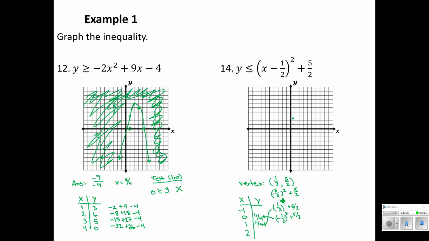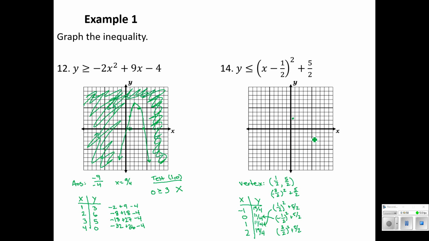So that's 9/4 plus 10/4, 19/4. Okay, let's see what happens if I plug in a 2. 2 minus 1/2 is 1.5, or 3/2 again, squared plus 5/2. And you can see that the squaring, it's the same work as up above because that negative sign vanishes. We get another 19/4.